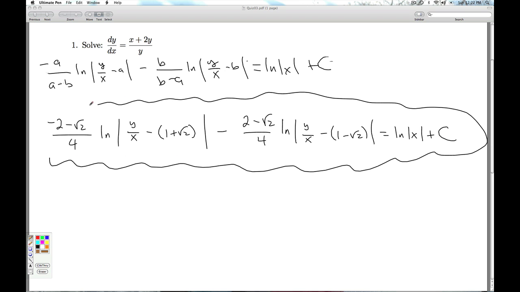We weren't asked to find an explicit solution, so we can go ahead and stop with the implicit solution.